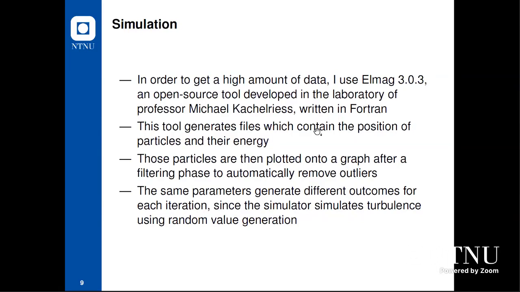And so those data are generated, and given the same parameters, it is possible to generate different plots, because the simulation of the turbulence is performed using random numbers, and for this reason, every time I obtain something different. And for this reason, I have been able to generate 15,000 different graphs, starting from 3 different parameters for the helicity, so a positive, negative, and zero helicity.